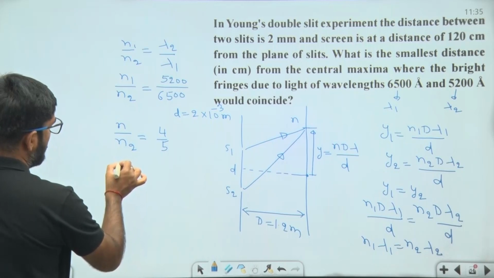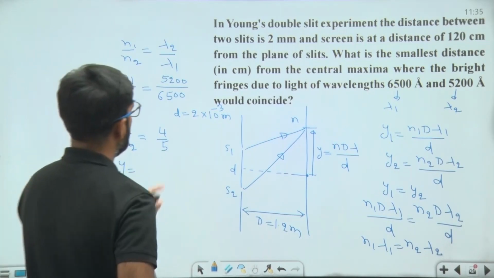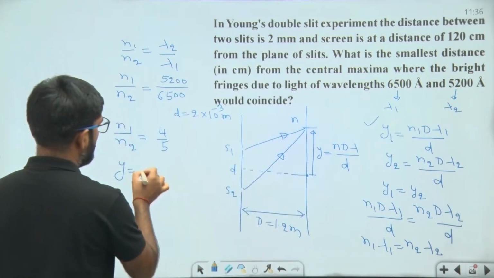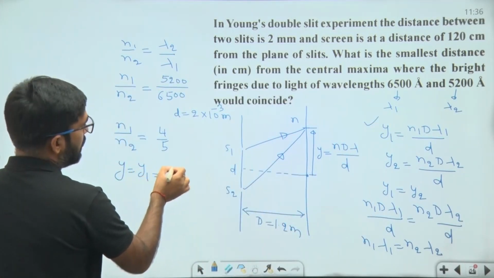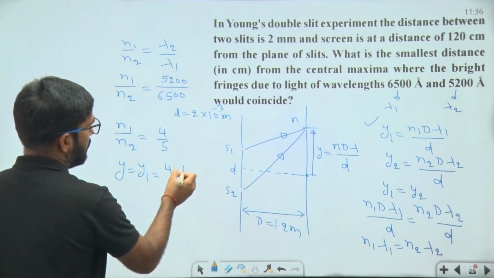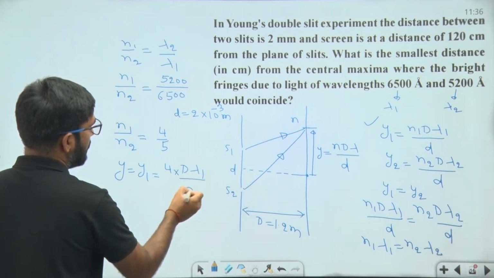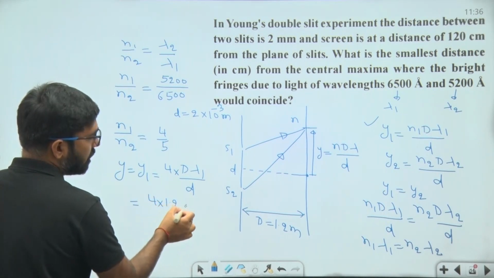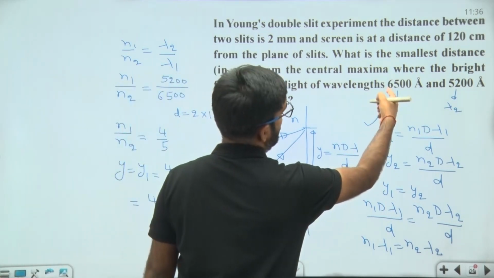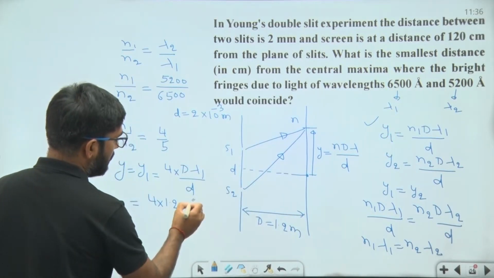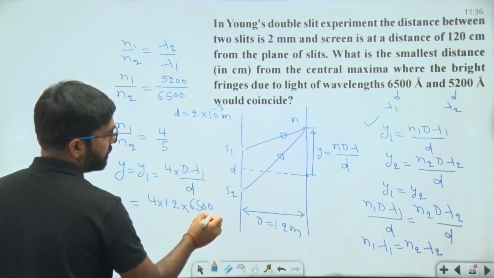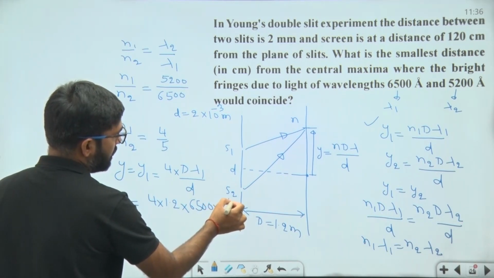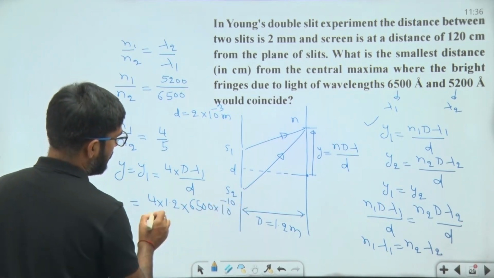Then this distance will be given by y equal to, put the value of n1 equal to 4 here. We get y equal to y1 and this will be equal to n1 is 4 into capital D lambda 1 by small d. This will be equal to 4, capital D is 1.2 meter, lambda 1 is 6500 angstrom, then multiply it by 10 raised to power minus 10 meter upon small d.